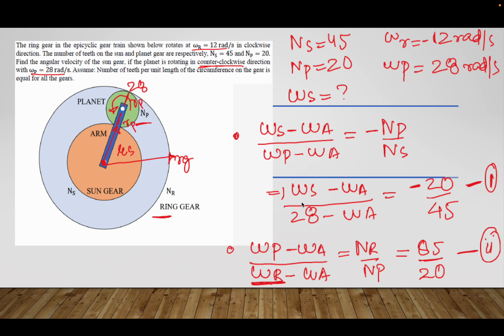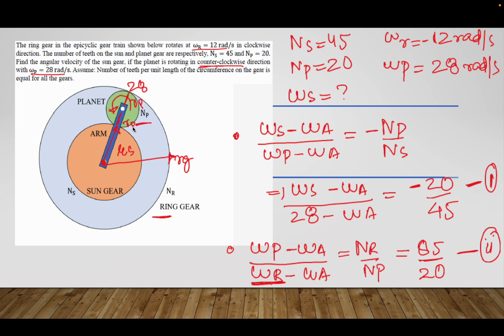Why? Because see here, we know that this is our whole assembly. So this is RS, which is basically the radius of the sun gear, and this is RP, which is basically the radius of the planet gear. So you can clearly see that RS plus 2RP will be the radius of the ring gear.